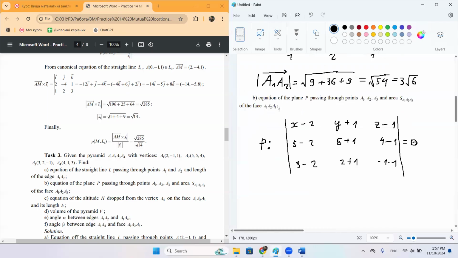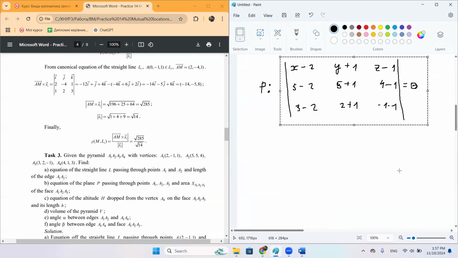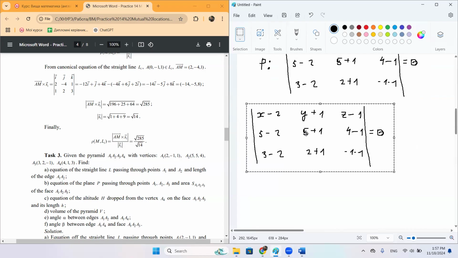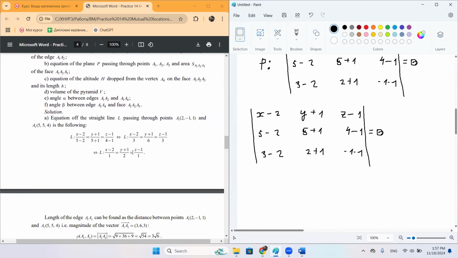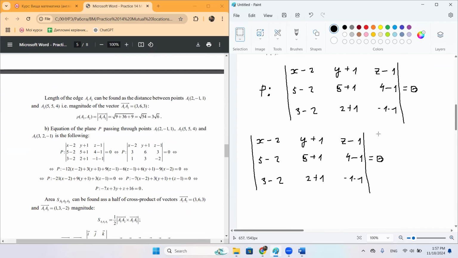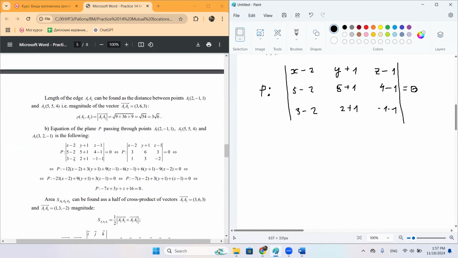I just can do it like this. By the way, let me check if everything is correct here. So 5 minus 2, 3 minus 2, 5 plus 1, 2 plus 1, 4 minus 1, minus 1 minus 1. So the final equation is the next after calculating the determinant.